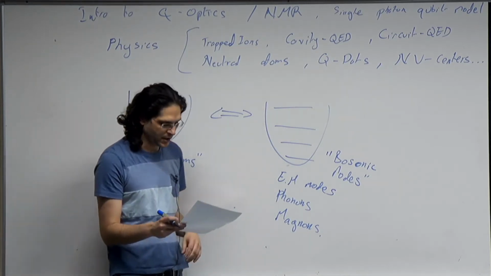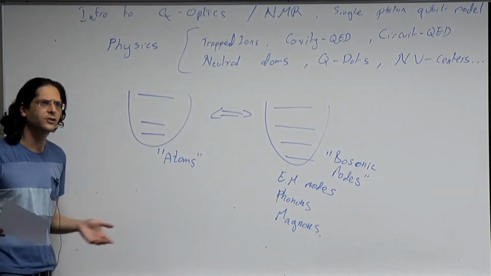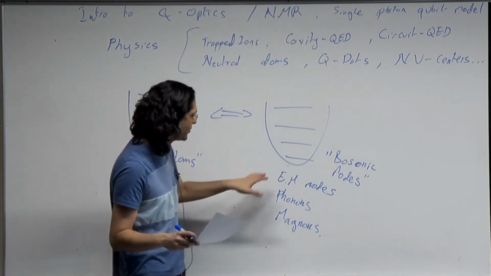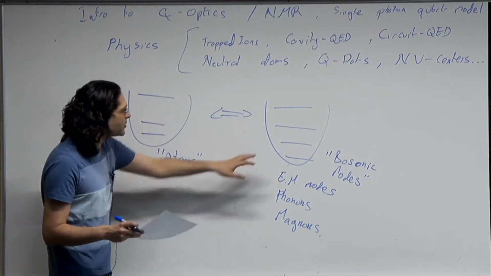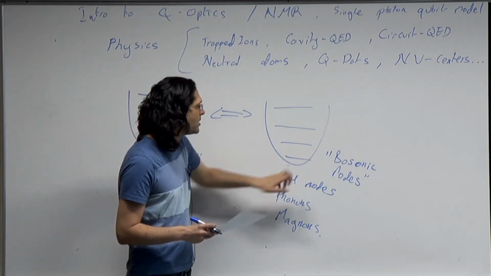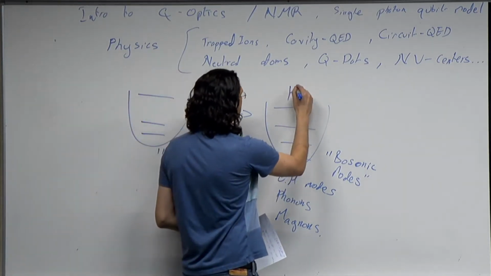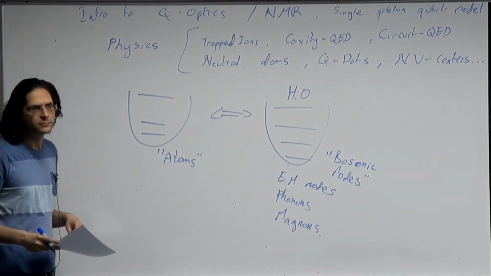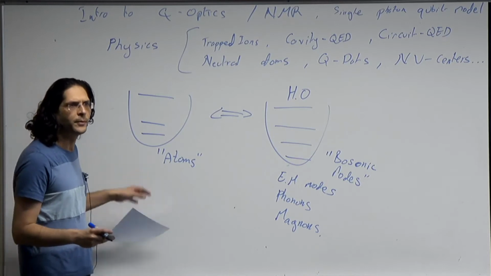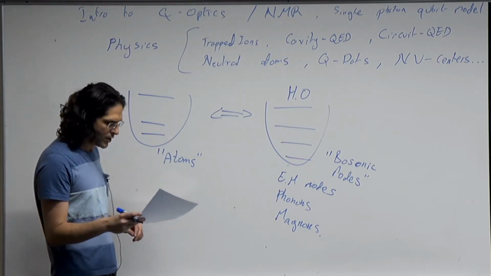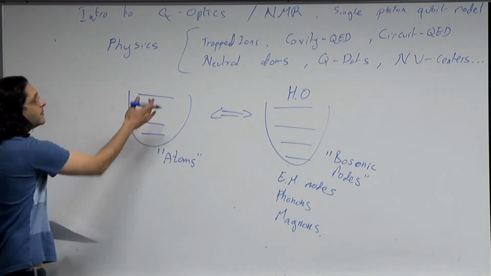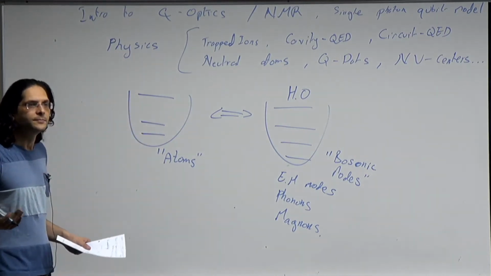They describe cavities, lasers, microwaves, all those things. Cavities, lasers, and microwaves are all electromagnetic modes. All these are bosonic modes, basically harmonic oscillators. And the atoms, your fermions, whatever different atoms you want to take, are basically nonlinear oscillators.